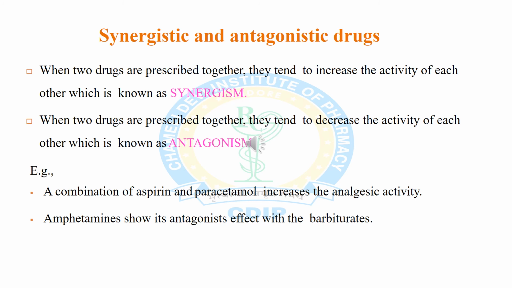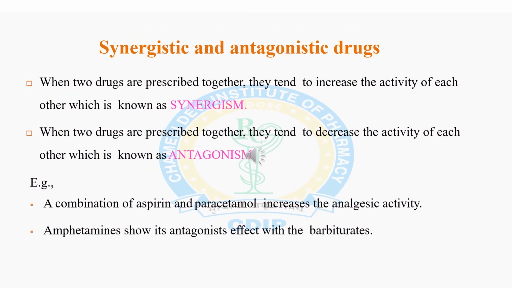And in the second case, which is antagonism, amphetamine is a CNS stimulant, while barbiturates act as CNS suppressants. So these drugs are antagonistic with each other. There are certain drugs which, when prescribed together, may lead to disastrous consequences, so the prescription should be referred back to the prescriber for necessary correction.